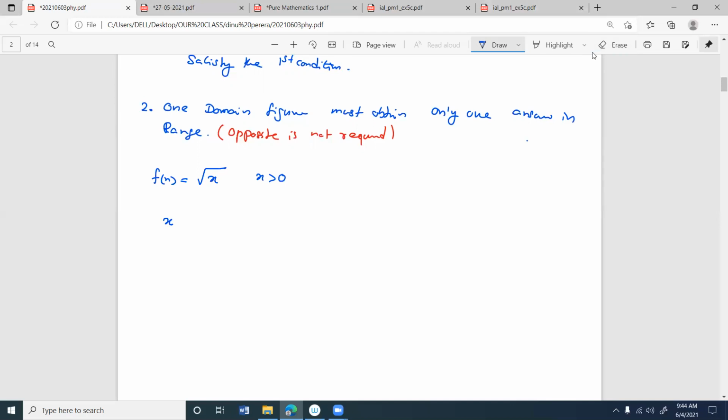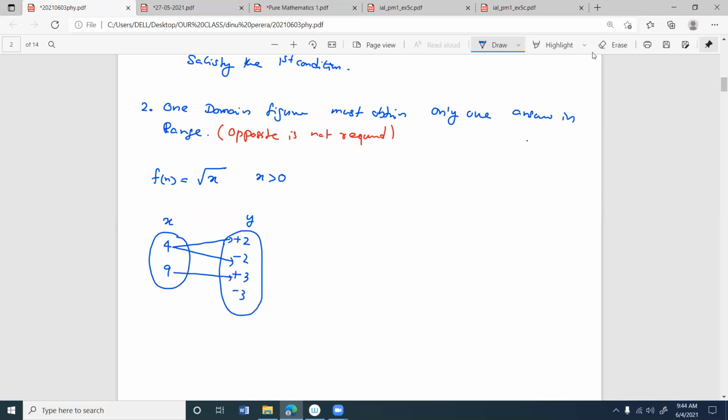We'll take 4 and 9 as two examples. What are the y answers? The square root of 4 is how much? Plus 2, minus 2, plus 3 and minus 3. So for one x answer, you get two solutions.